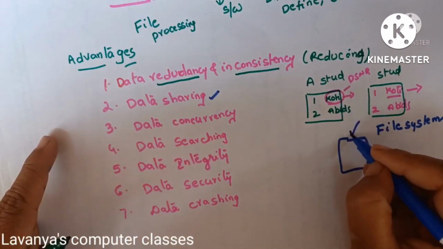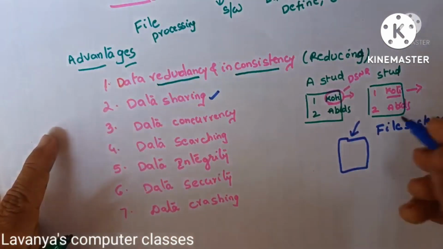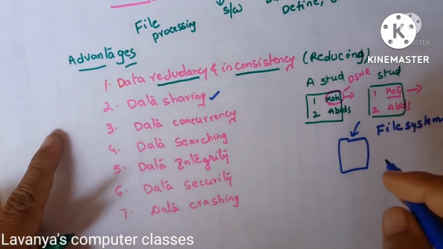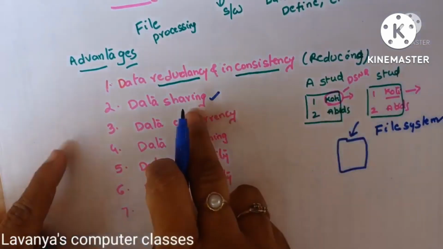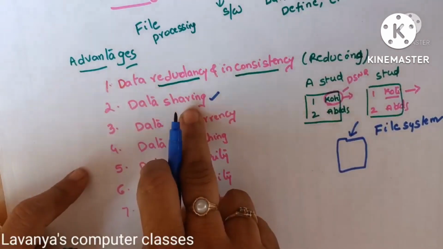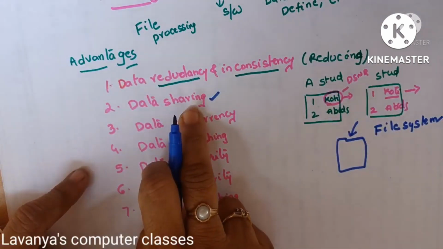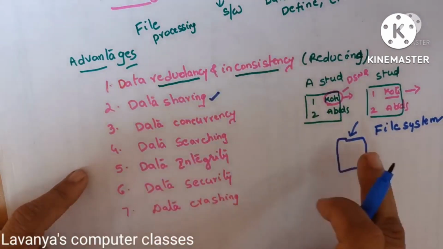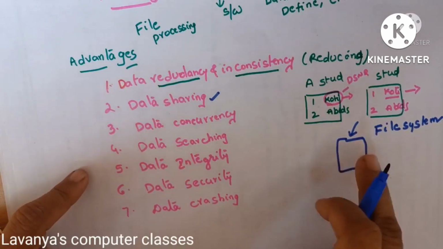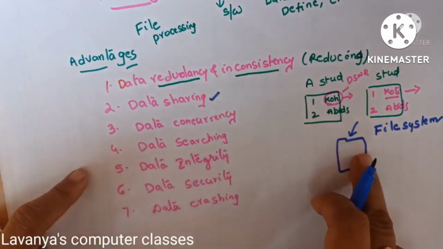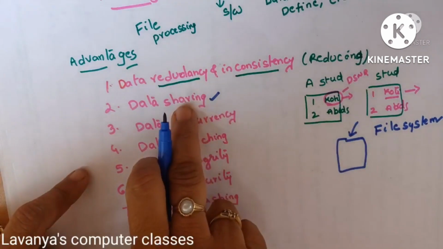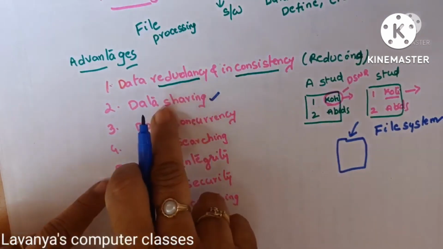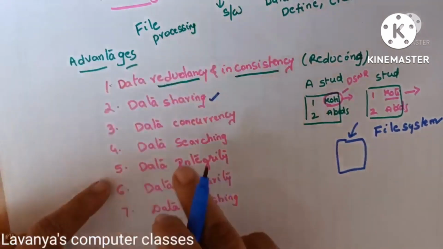All information is stored in one place, and all users use the same database. That's why data sharing is improved, because data is not repeated a number of times. All the data is stored in one place. That's why it is called a database. So a larger number of users use the same database, and automatically sharing is increased. That is also one advantage of DBMS.